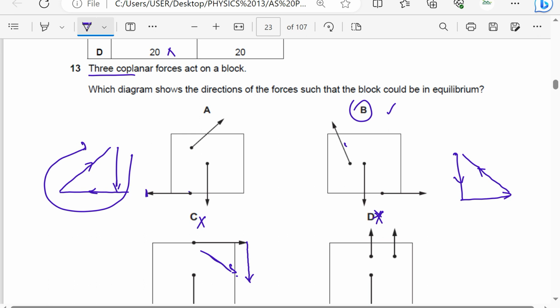The other way of looking at this, suppose I prolong this vertically downwards and I prolong this. I wish I had a ruler.